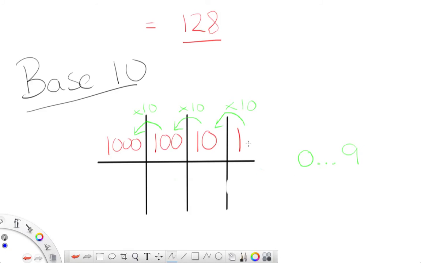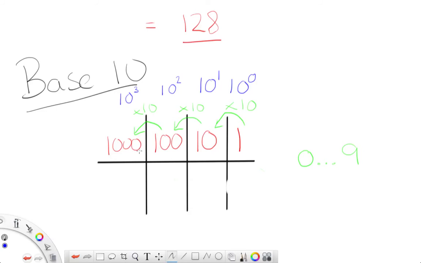Now, the other thing to notice is these columns could be written slightly differently. Instead of writing 1, I could write 1 is 10 to the power of 0. 10 is 10 to the power of 1. 100 is 10 to the power of 2, and 1000 is 10 to the power of 3.